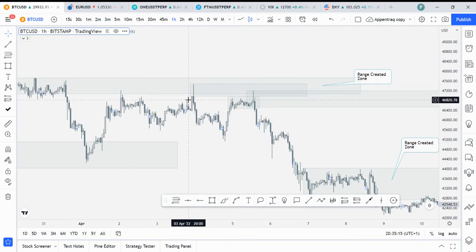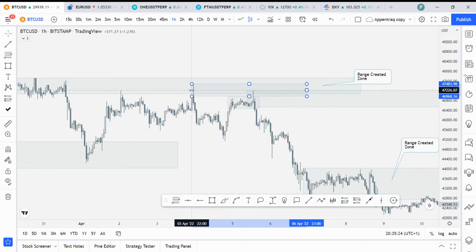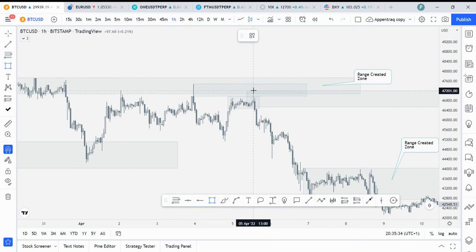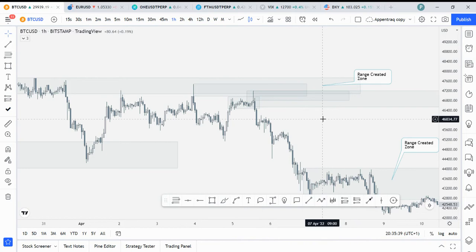So this is where you have the resting orders. That's where you want to use. So you can refine the wick based on the 50% rule: if the wick is bigger than the body of the candle, that's your valid zone.